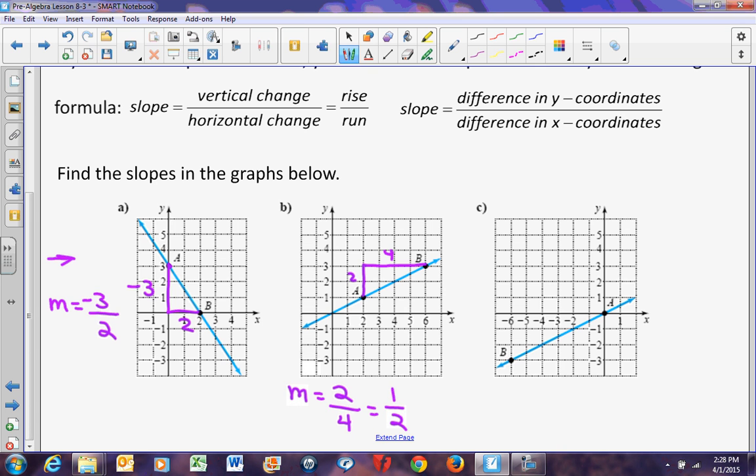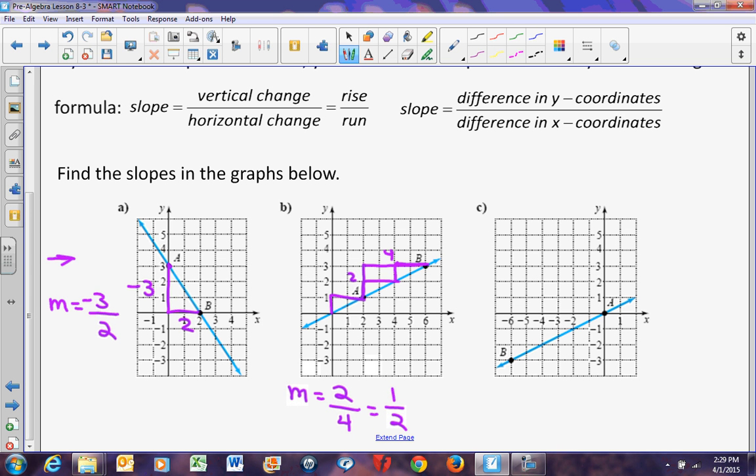It's either a whole number or it's a fraction, improper or proper. You never ever change it to a mixed number. So the slope of the second graph is 1 over 2. Because if I looked at it, I'll go up 1 over 2, up 1 over 2, up 1 over 2. It's like climbing stairs.